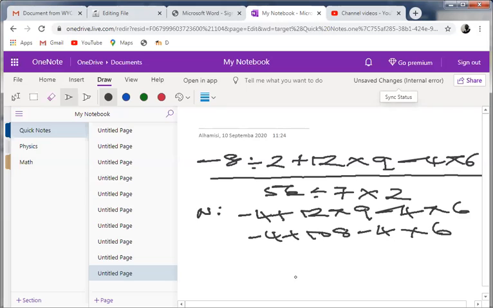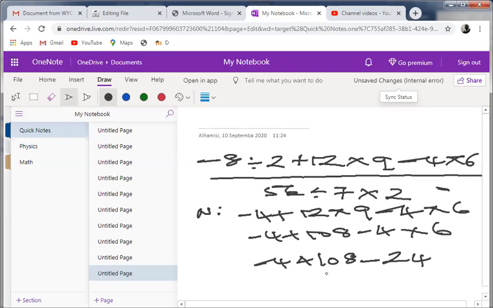Then I can go to the multiplication again. We have another multiplication here, negative 4 times 6, which is actually 24.